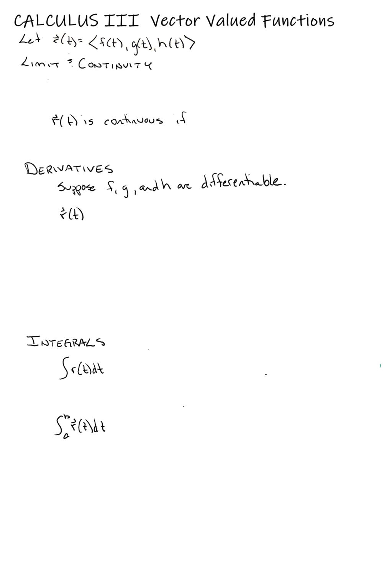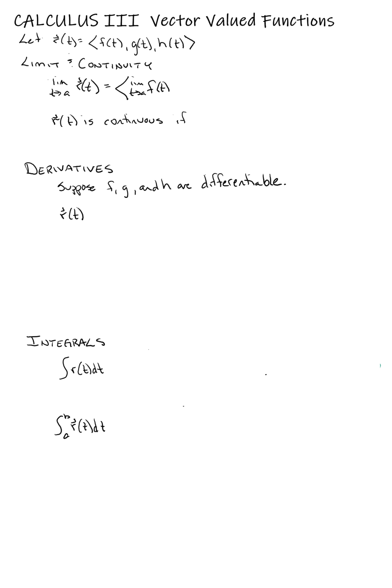So let's first see if we can determine the limit, and then we'll talk about continuity. The limit of this is exactly what you would expect it to be. As t approaches some number a of our vector-valued function r of t, we'll simply take the limit as t approaches a of each of the functions.